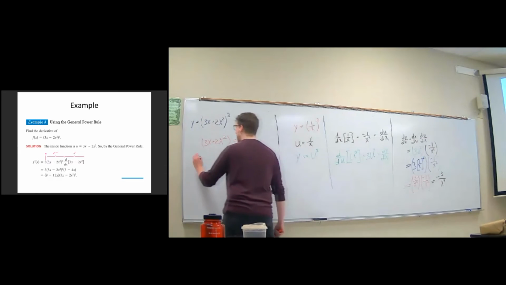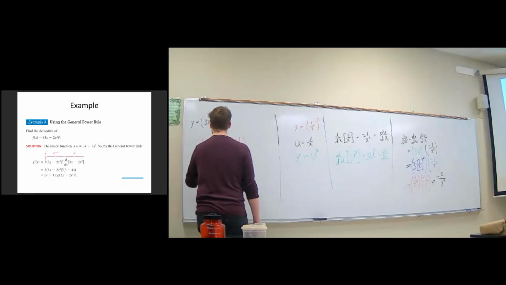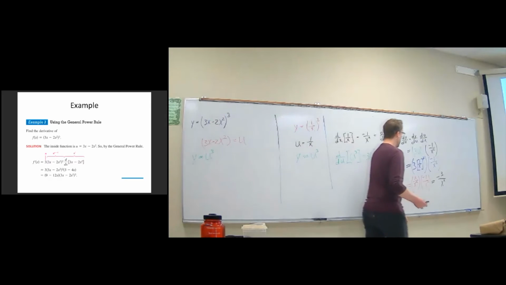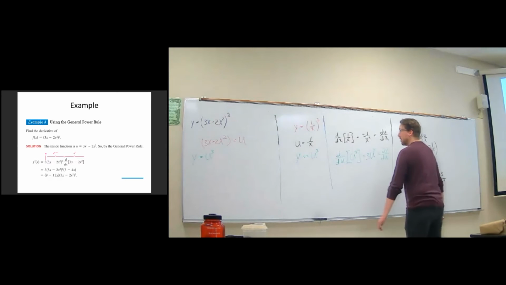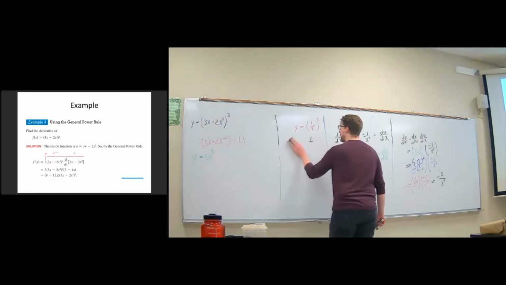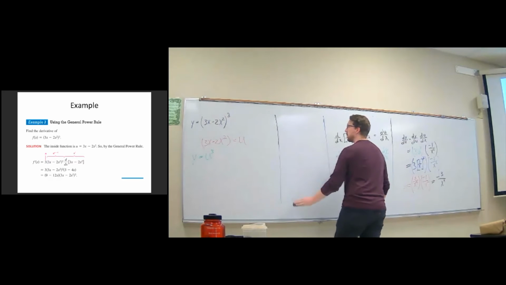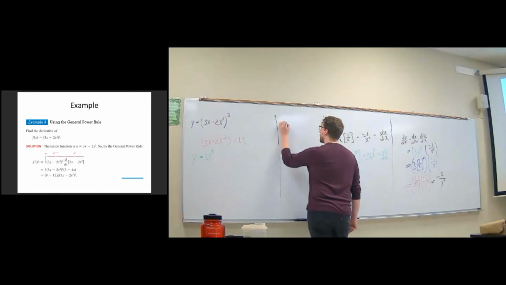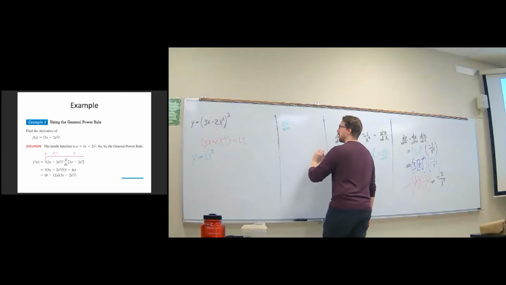And that tells us that y is equal to u cubed. So taking dy du, this is going to be d du of u cubed.